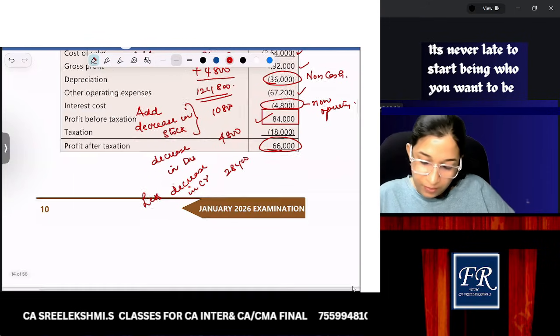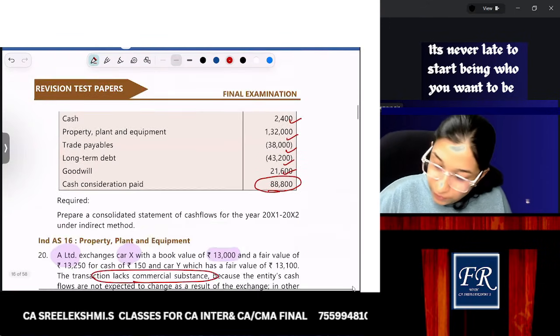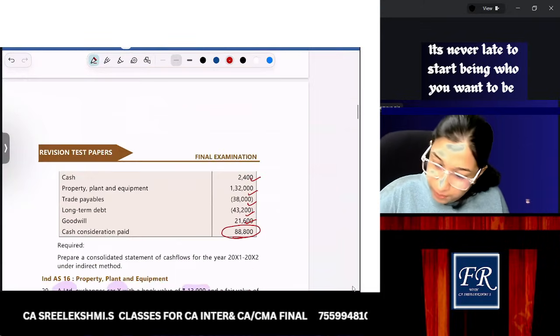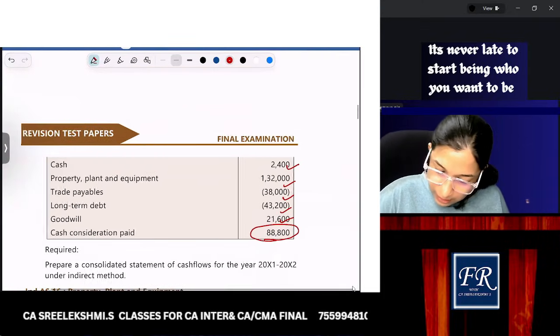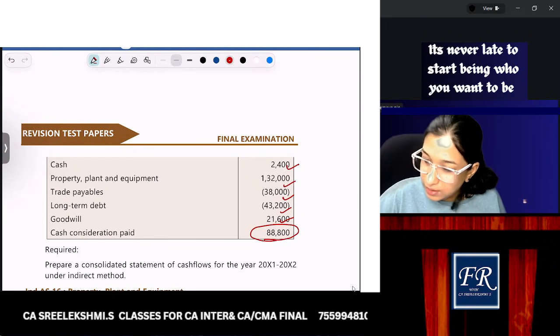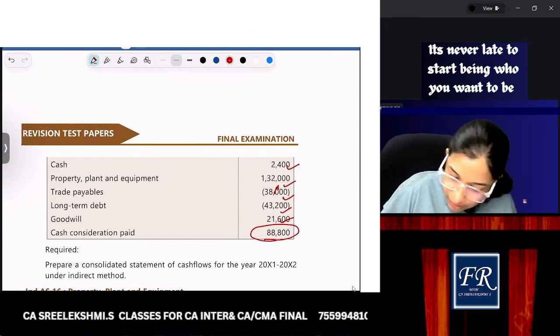But there was a mismatch here. 4,800 plus 9,600 plus 2,400 plus 1,32,000 minus 38,000 minus 43,200 plus 21,600. Here this is a typing error.